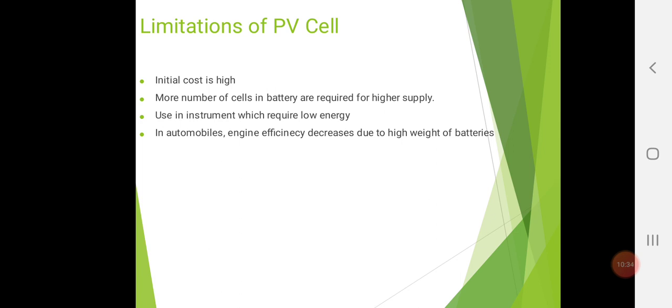It is used in instruments which require low energy, like a calculator. In automobiles, engine efficiency decreases due to the high weight of batteries. Sometimes this happens: if the weight of other devices is huge, then the performance decreases. These are some limitations.